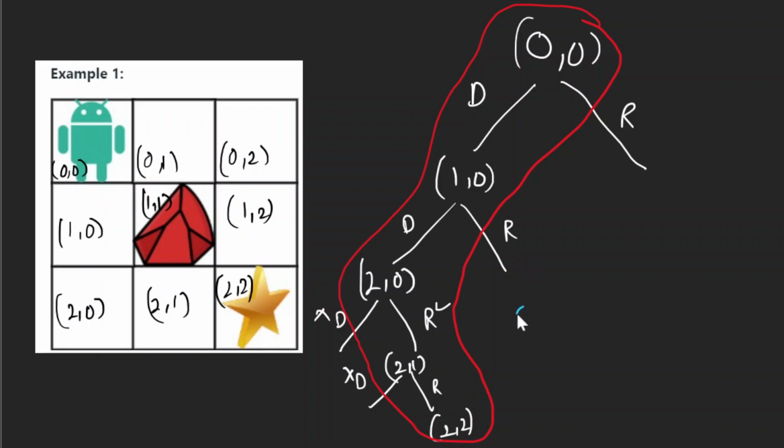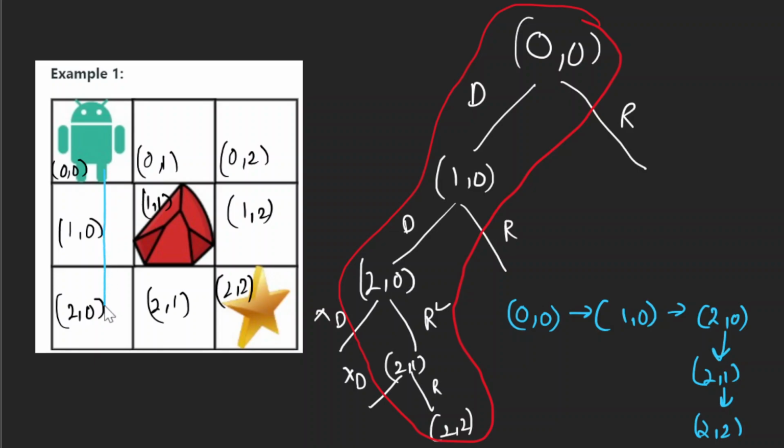You traveled from 0 comma 0, then you went on to 1 comma 0, then you again go to 2 comma 0, and then 2 comma 1, and then finally 2 comma 2. So this is the path. Let's see. 0 comma 0, okay, 1 comma 0, okay, 2 comma 0, okay, 2 comma 1, okay, 2 comma 2. Well, that's a valid path. That's very great because we have completed a valid path.